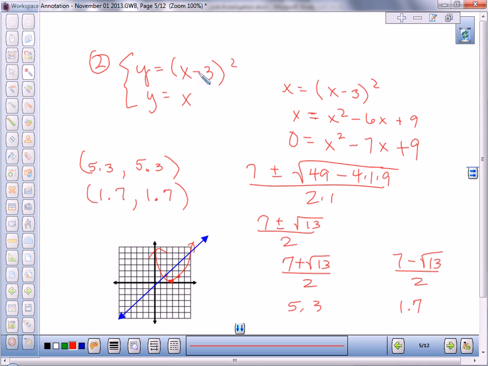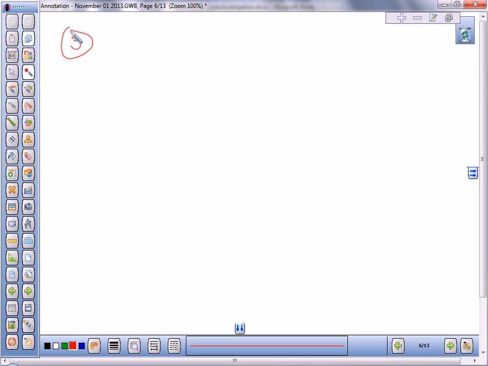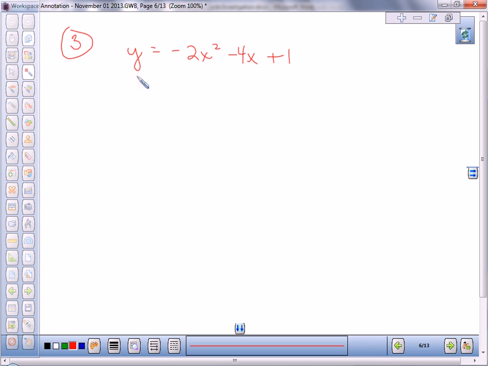Any questions about number 2? All right, let's look at number 3 then. I probably would not have done the first two graphically, but this third one, there's no way I'd do this one graphically. This is not in vertex form.